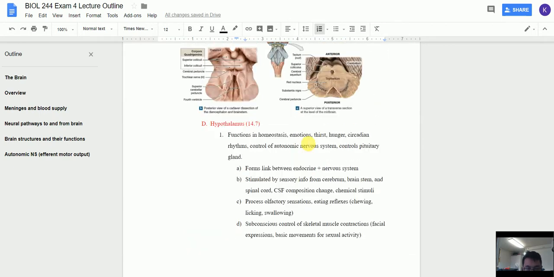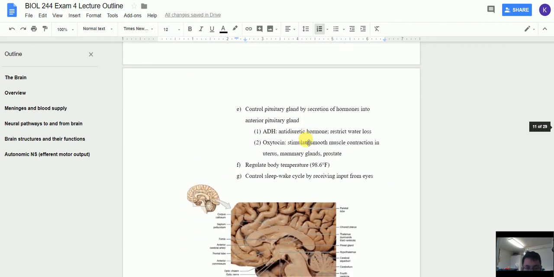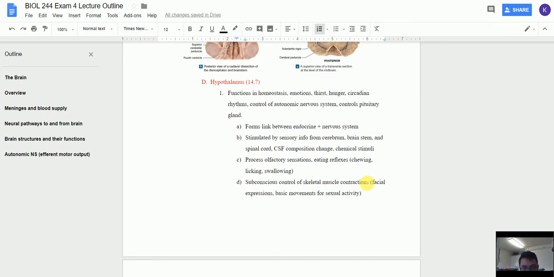Okay, we're still talking about the hypothalamus. Oxytocin stimulates smooth muscle contractions in the uterus, mammary glands, and prostate. Another function is regulating body temperature, controlling sleep and wake cycles, and receiving input from the eyes. So there are some endocrine responses here.